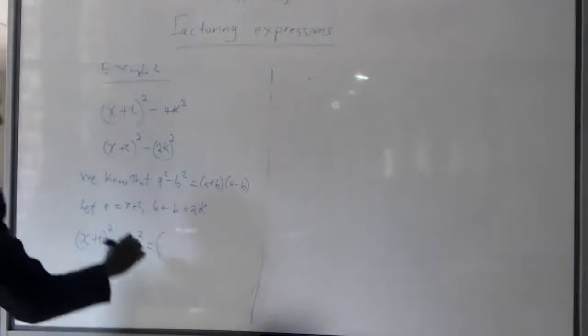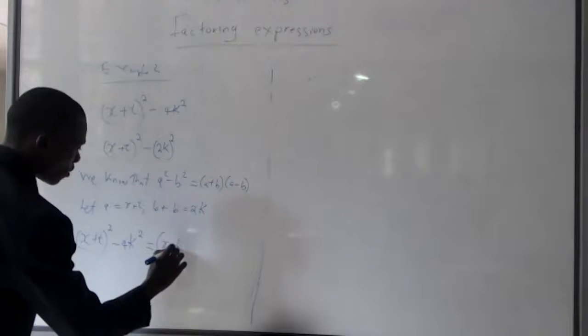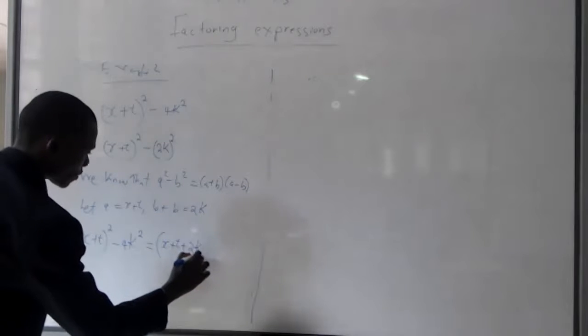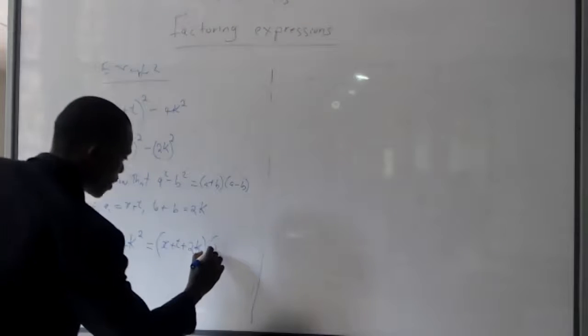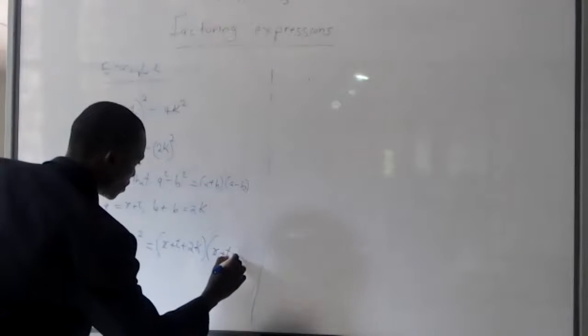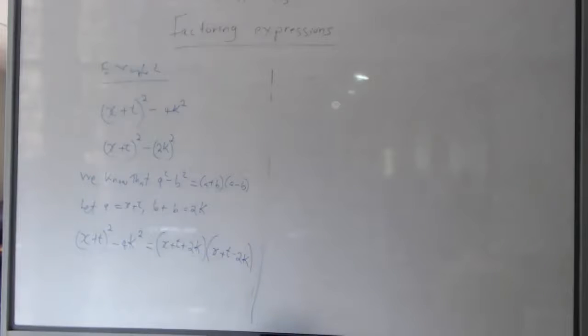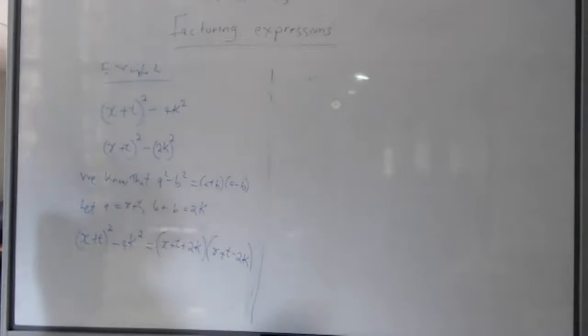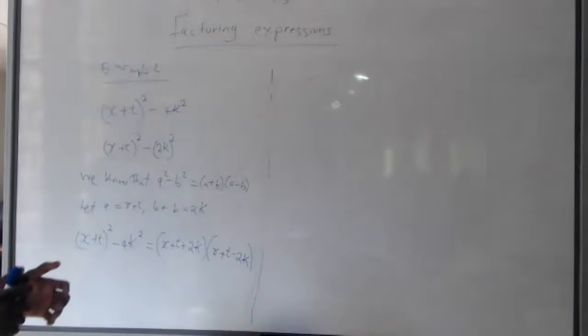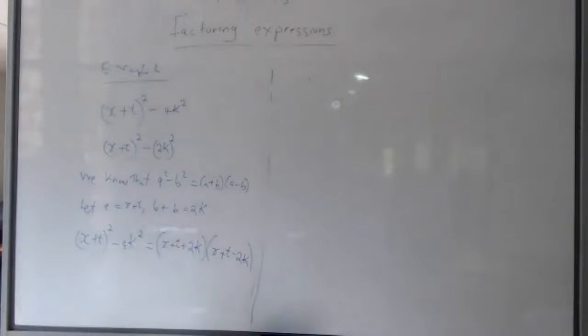But what is a? a is x plus t, b is 2k. So that's the sum, and then the difference of them, x plus t minus 2k. Very easy. Just take the terms, multiply their sum and difference. This is how you factorize a difference of 2 squares.